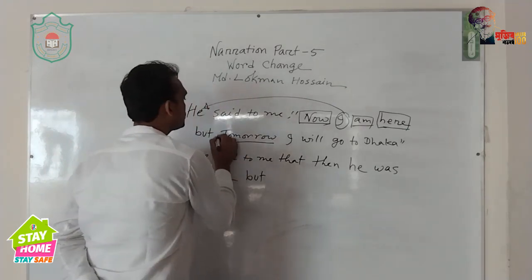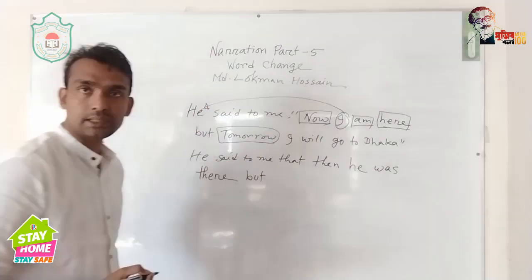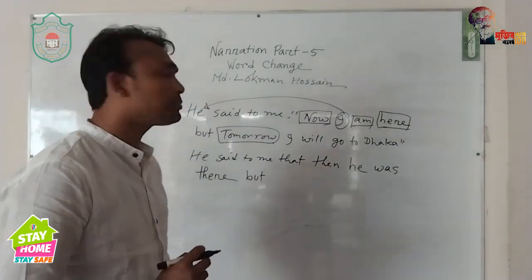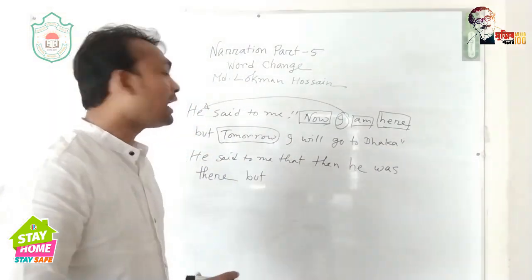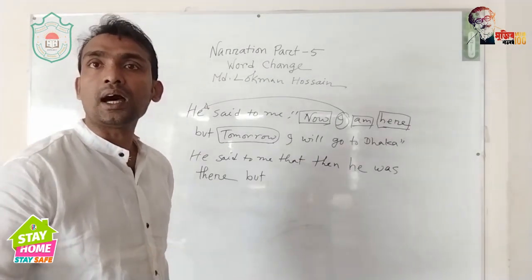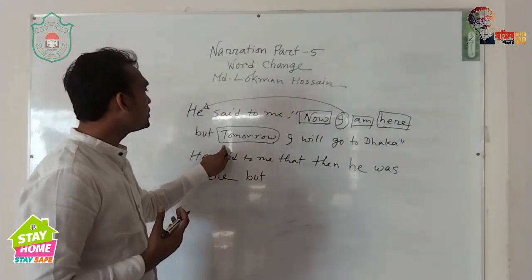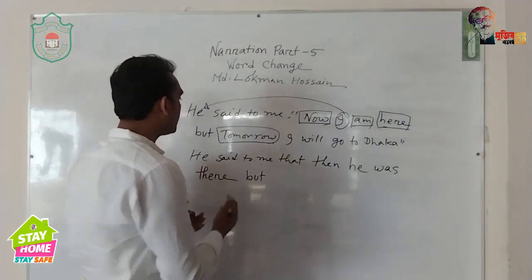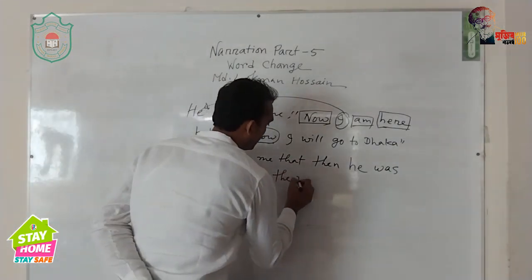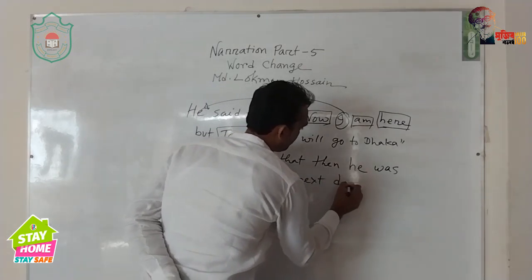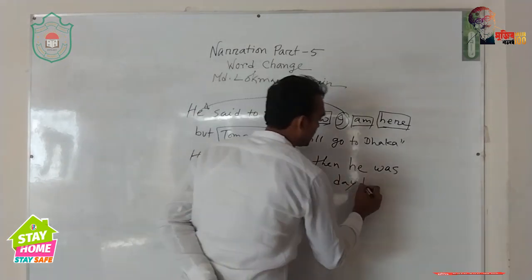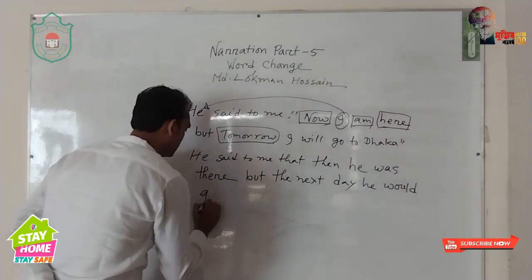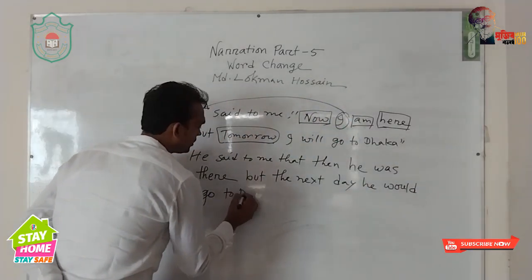Tomorrow will be changed. In place of tomorrow we will use the next day. I is also replaced by he. Will is replaced by would. Go has no change: go to Dhaka.